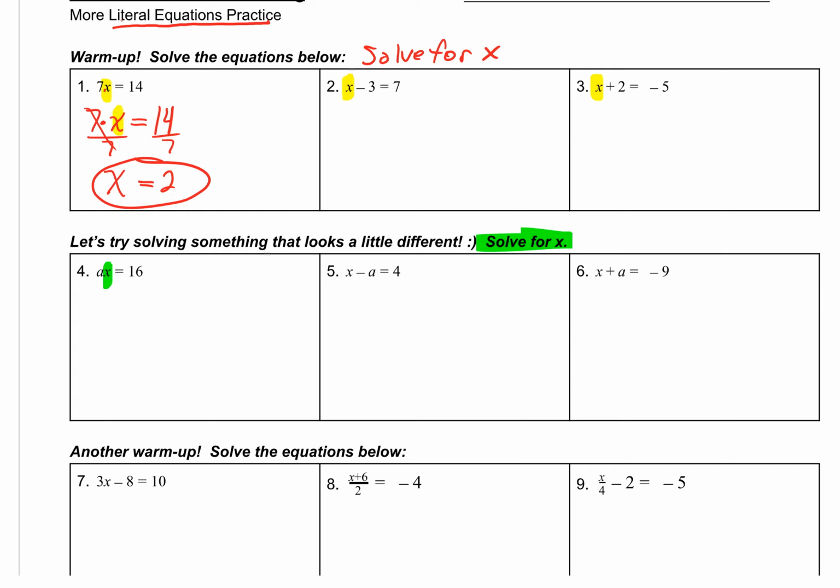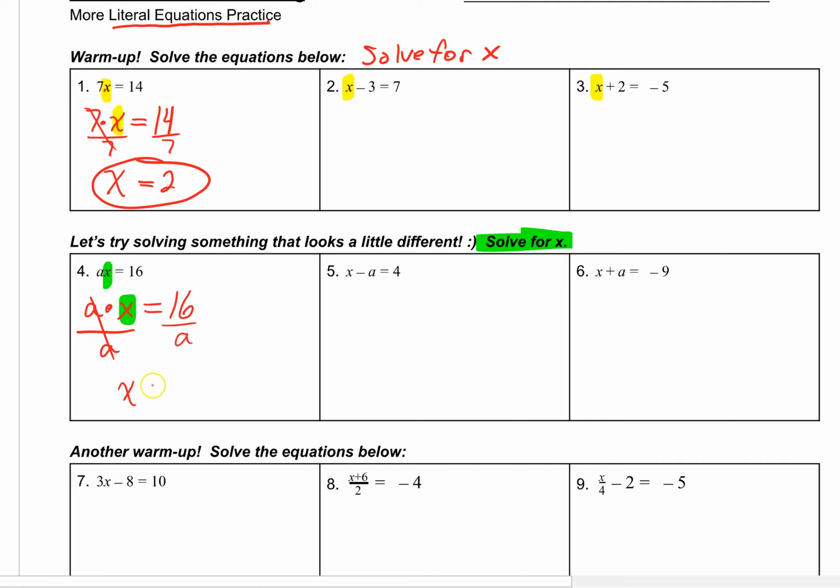We need to get x alone. This a is right next to x, implying that a is multiplied to x. To get x all by itself, we have to get rid of that multiplication of a. How do we do that? The opposite of multiplying by a is dividing by a.